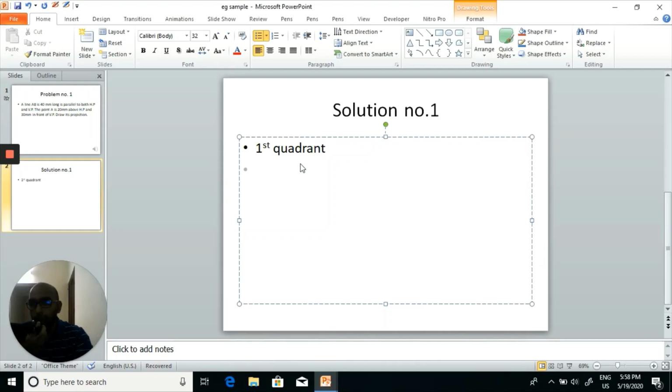The top view will be in the horizontal plane, and the front view will be on the vertical plane.